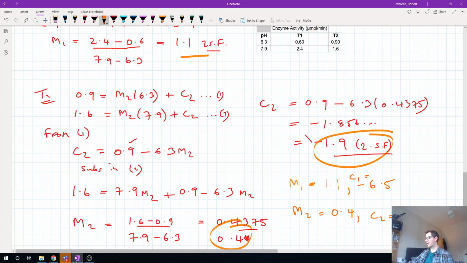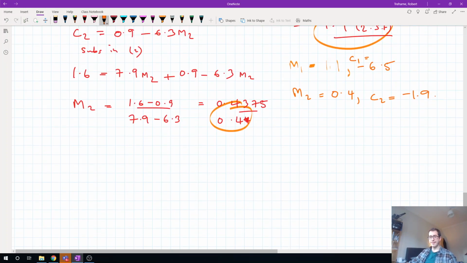Okay, so what I've got now is the gradients and the intercepts of both of those lines, and those two lines meet. Now to find the point at which they meet, I'm going to use my gradients here. So I'm actually going to construct a final simultaneous equation scenario.